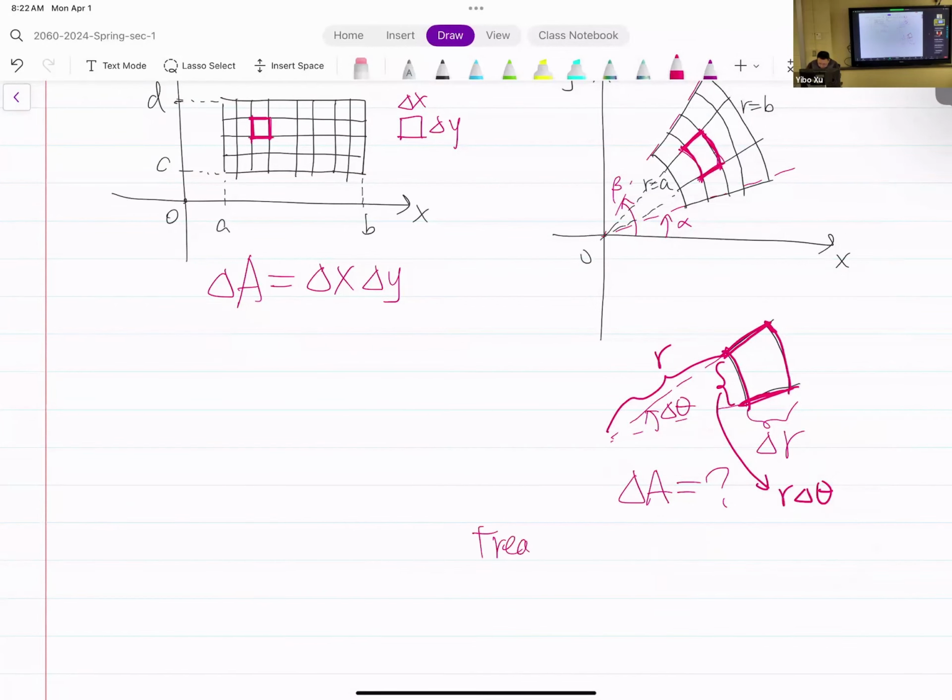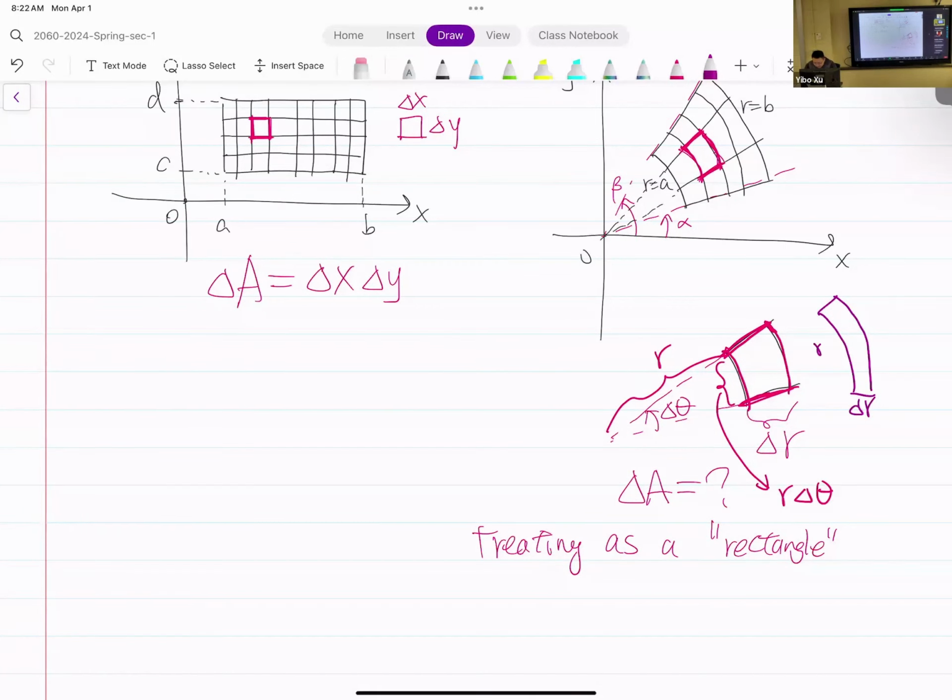Here, we treat the region as a rectangle. If your delta r is small, so you have the inner arc like this and the width is small, then the outer arc has almost the same length, and you can just use the length of the inner arc multiplied by the width, delta r.